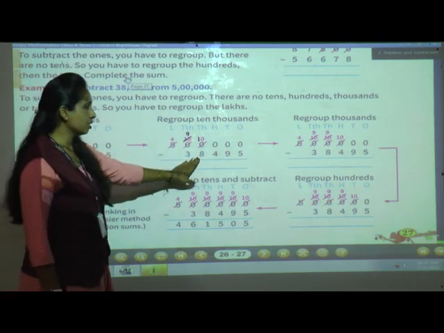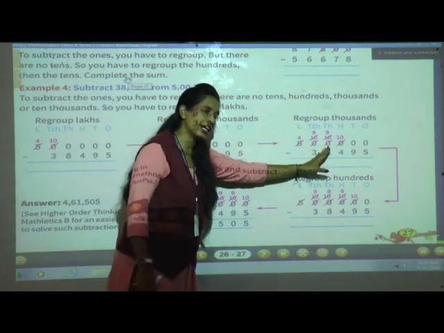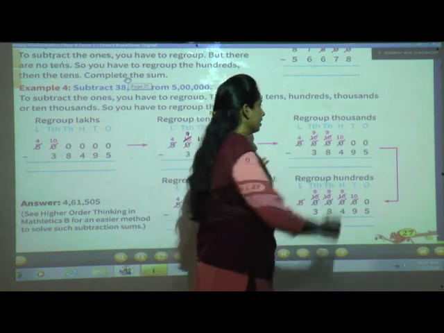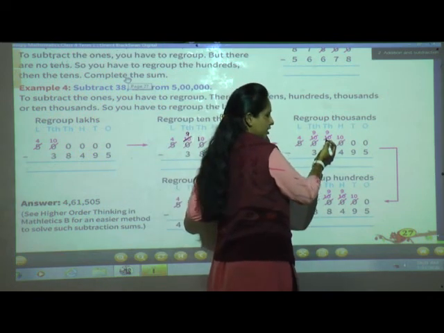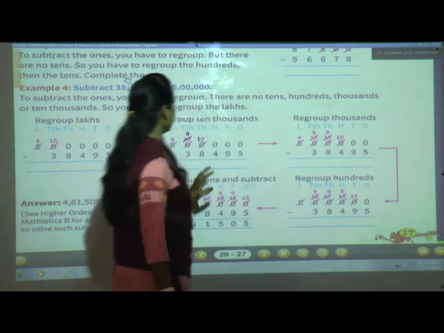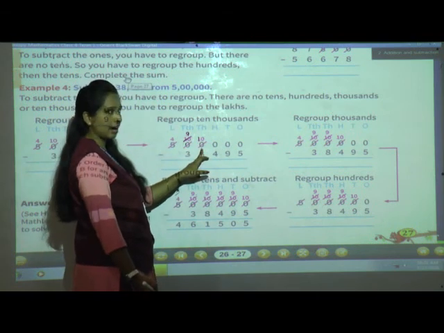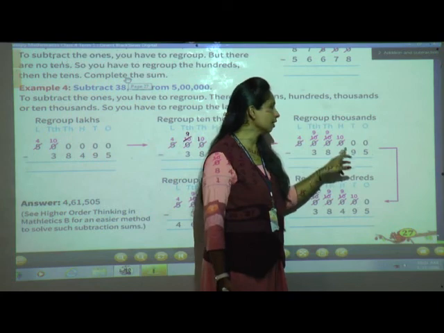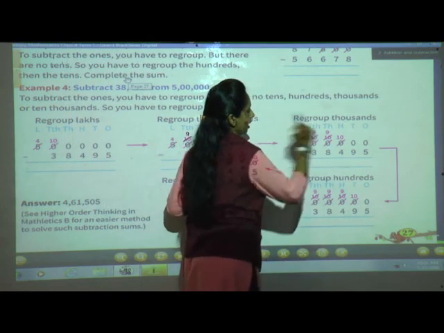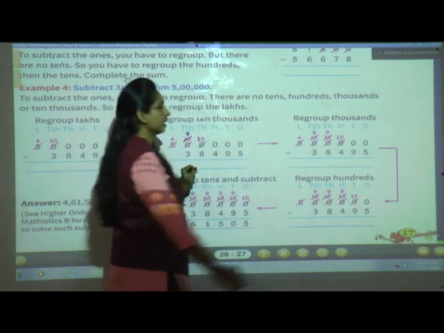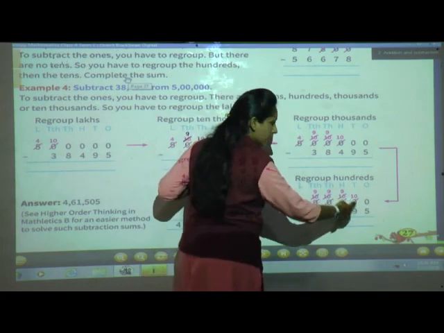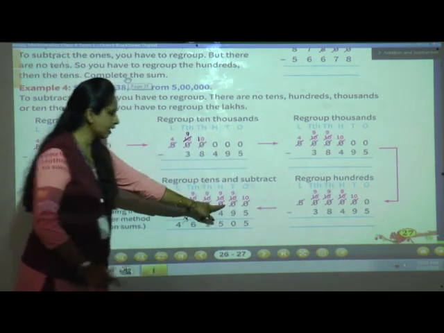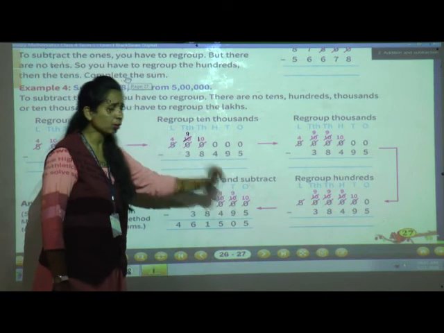Now what will 100 do? He will give to tens. And the last, tens will give to ones.